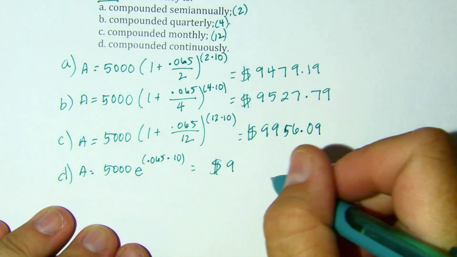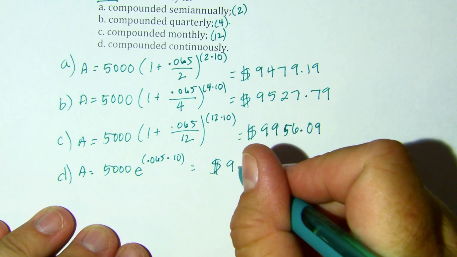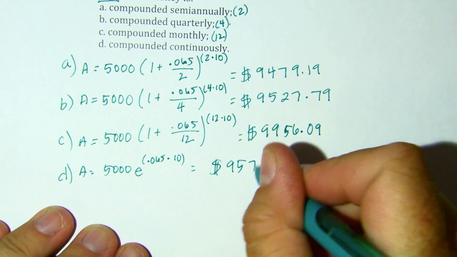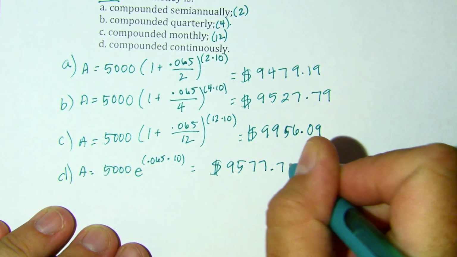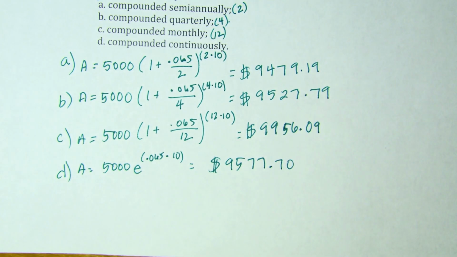And then the last one, we'll have, you know what? I think I just copied that last one down wrong. Let me check that real quick here. So that last one, part C, when I did my calculations, I think I wrote that down wrong here. So let me check that real quick. We have 0.065 divided by 12, and then plus 1, and then raised to the power of 120, and then that times 5,000.